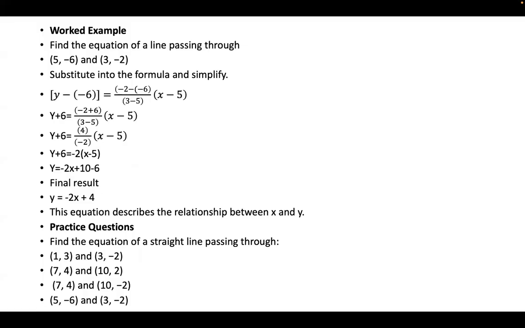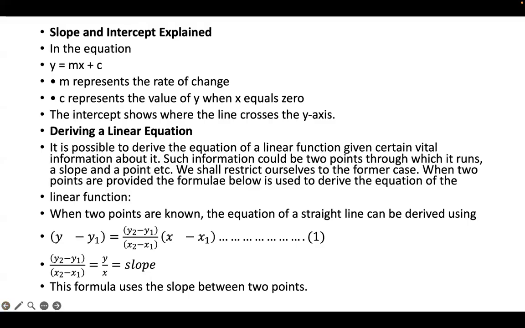Just get this in mind. I said this side gives us the slope. So when you reach here, don't multiply. Just get the slope. Are you with me? I'm saying that with this formula, y2 minus y1 over x2 minus x1 gives us the slope.